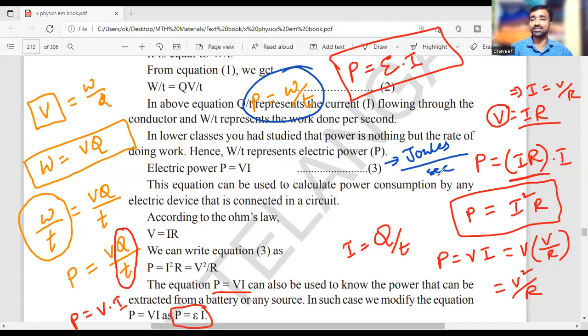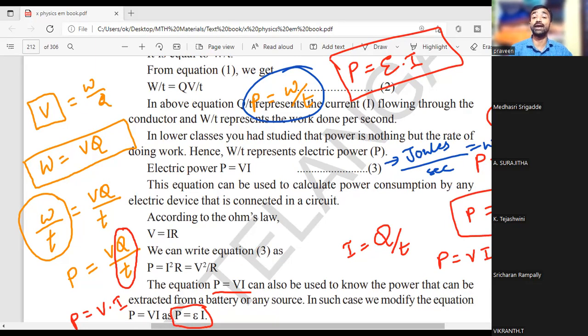So joule per second is named as watt, after the scientist James Watt. So watts are the units of power. Power is the rate of energy flowing or consumption through any component.